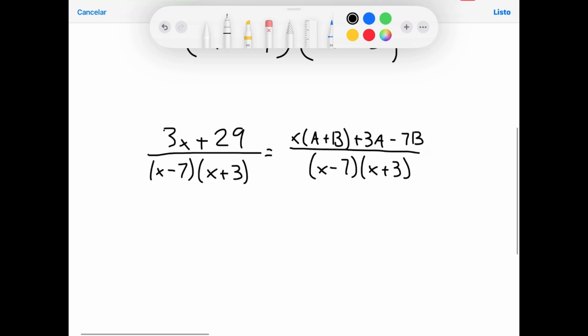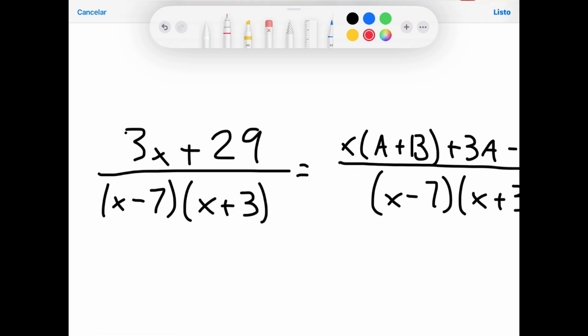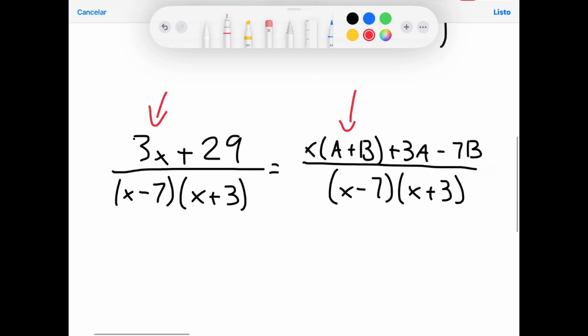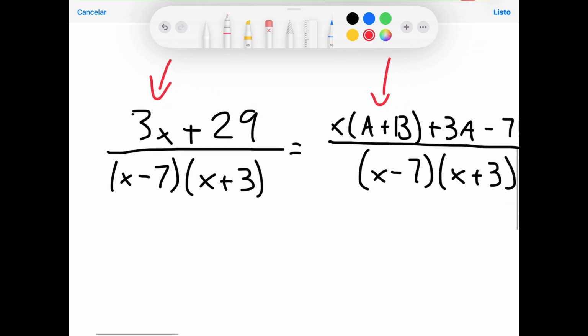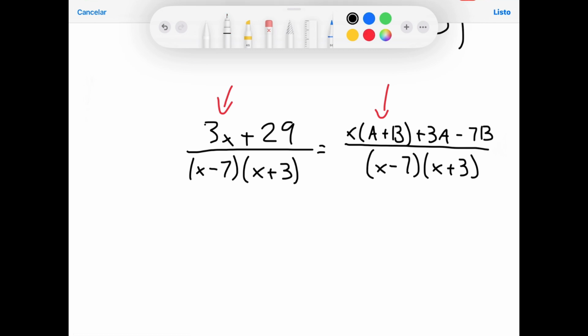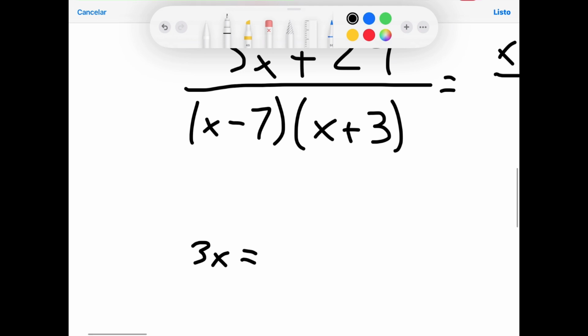Next, since the denominators are the same, the things that are inside these parentheses, like these, are right here. So I equalize it by making the 3x equal to a plus b times x.